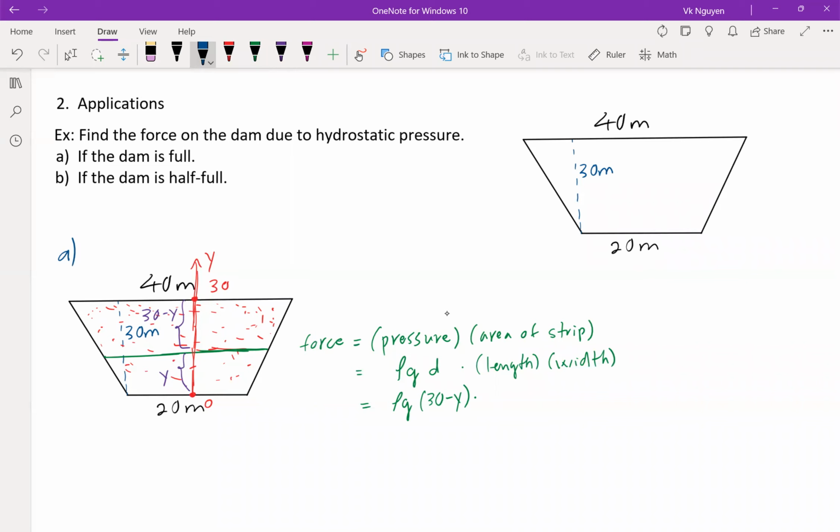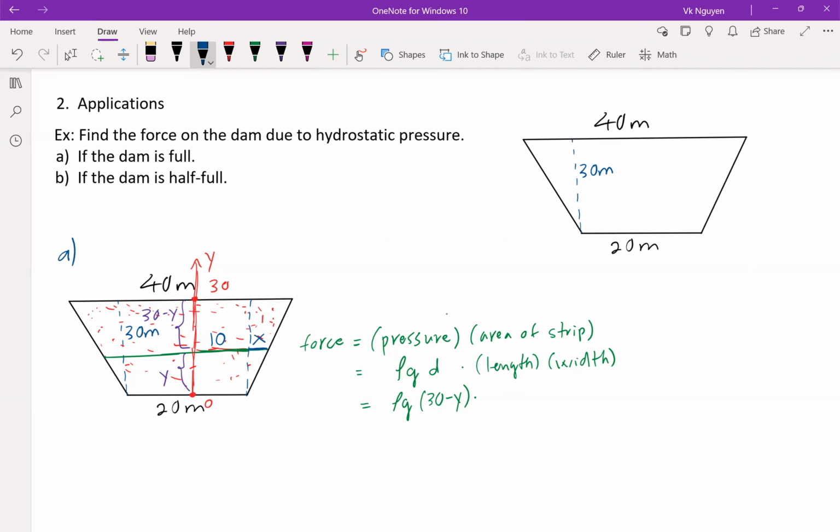So we can figure it out. I'm going to draw this out right here. Place the y-axis so that it's right in the middle. So this would be 10 and the other side would also be 10. This small side right here will be x.